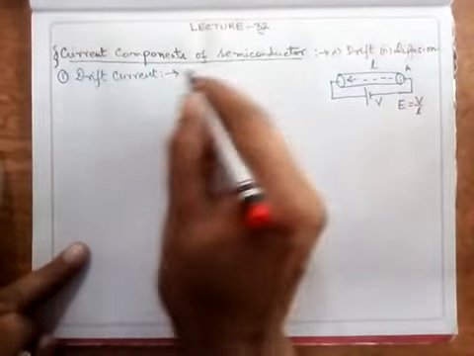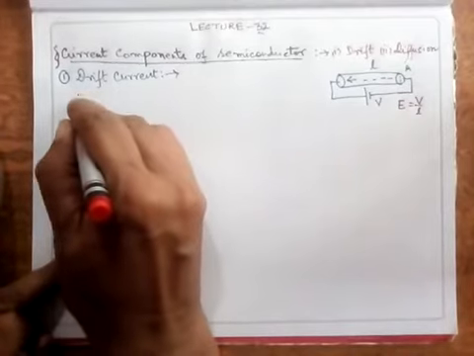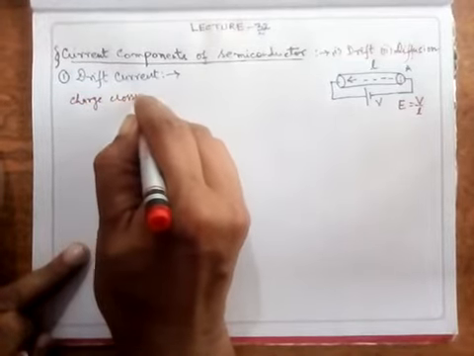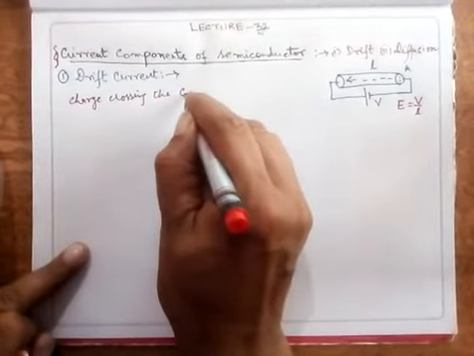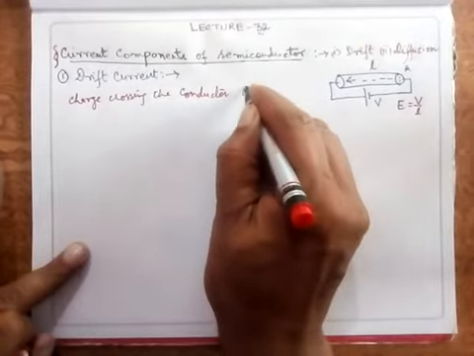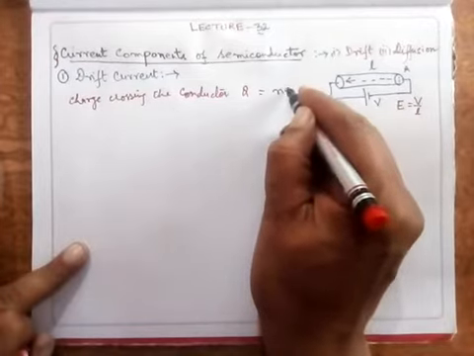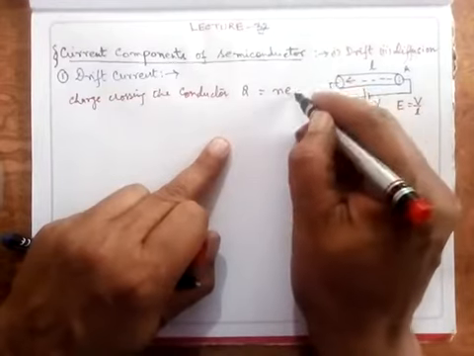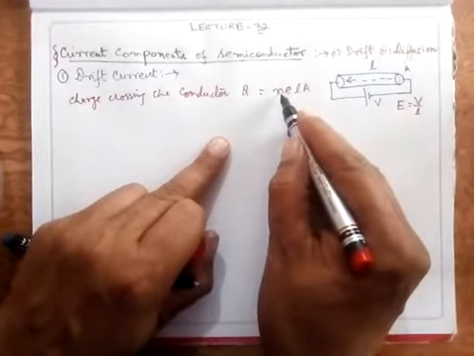I told you that the charge crossing the conductor, I say it is equal to Q, is equal to N into E into, if you remember, L into A. N is the number of charges per unit volume.